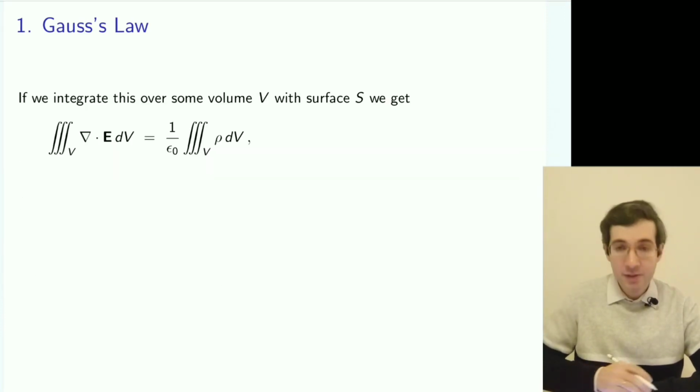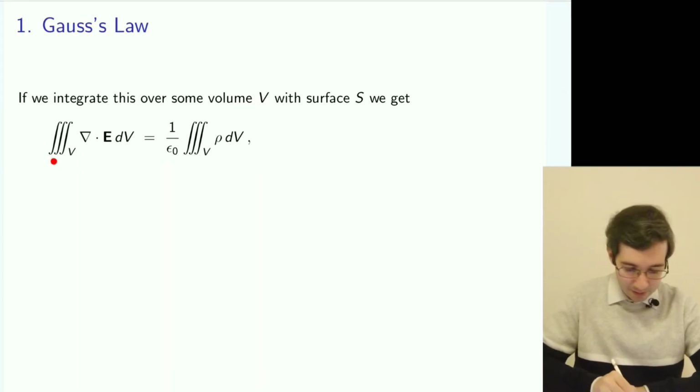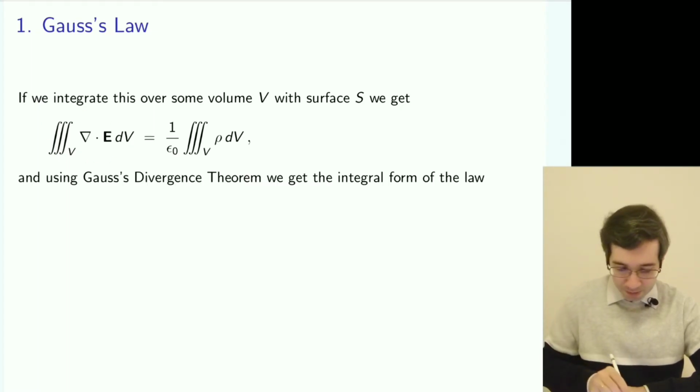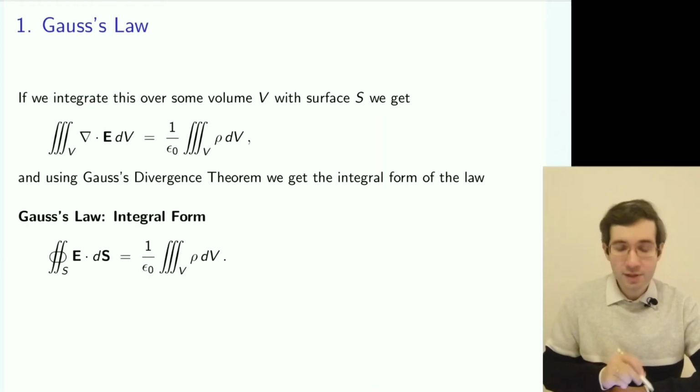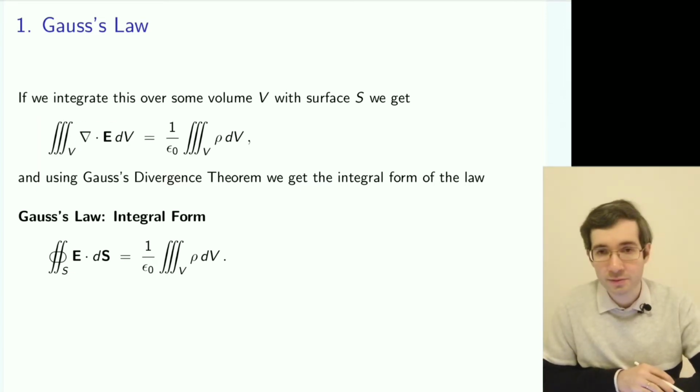What you can do now is integrate the left hand side and right hand side over all the volume, and then apply the divergence theorem to the left hand side to express it not as the integral of the divergence but as a surface integral.